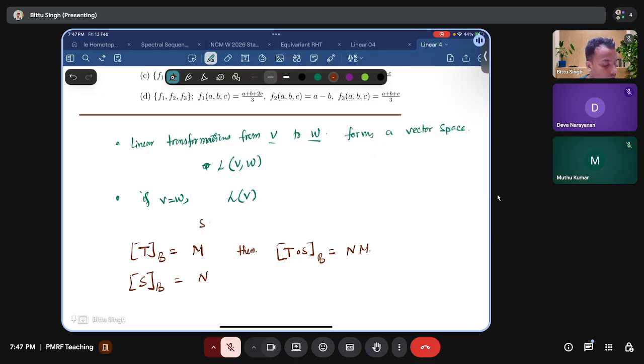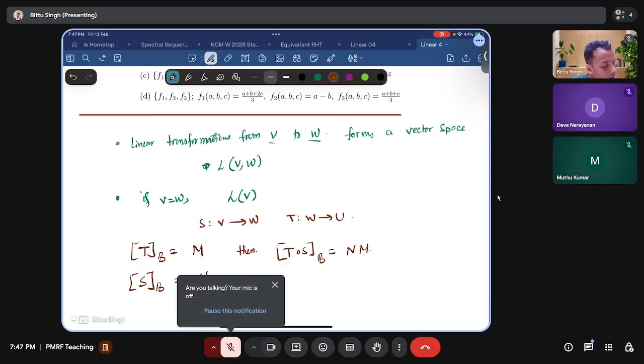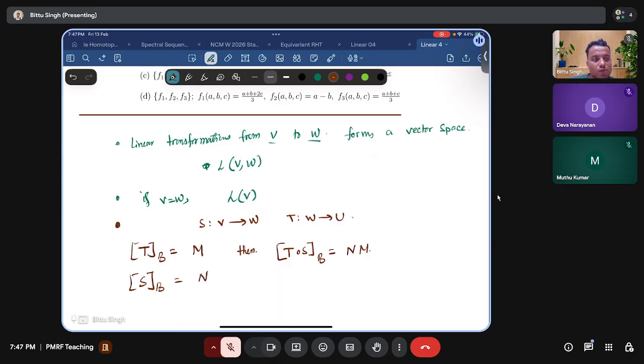Here S is a map from V to W, and T is a map from W to U. Then the matrix representation of the composition is given by N times M. This is also an important fact. You can use this fact to solve several other problems.